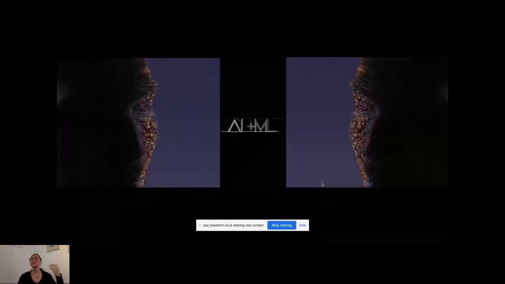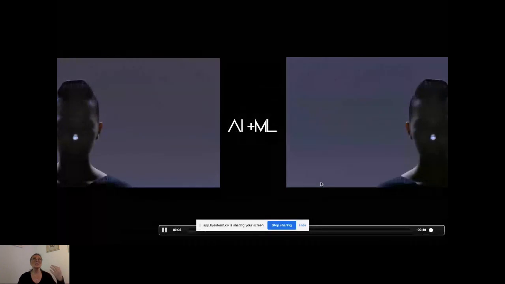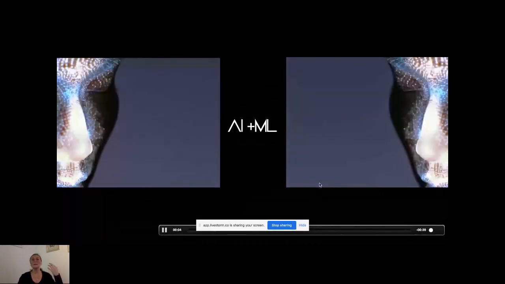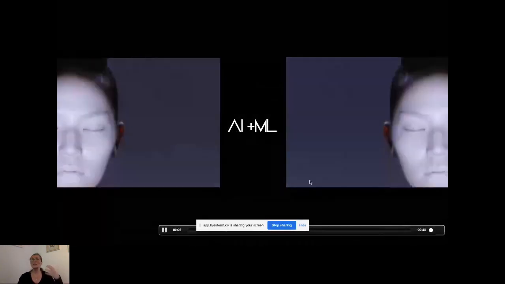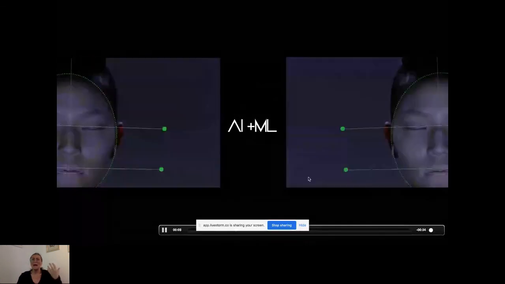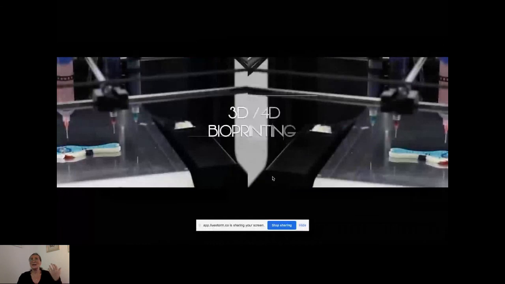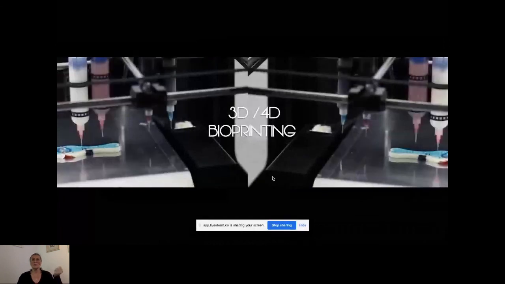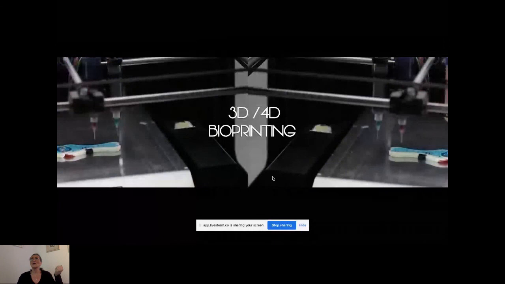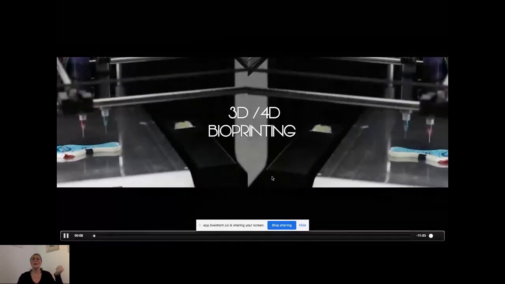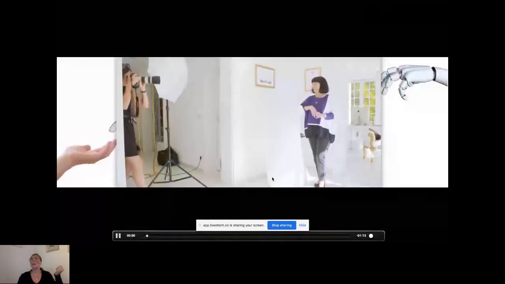Now, of course, the digital workflow is enriched day by day, and artificial intelligence and machine learning are the mechanism behind it. There are a lot of platforms where this technology is active, beginning with 3D and 4D bioprinting, but also ceramic printing and so on.